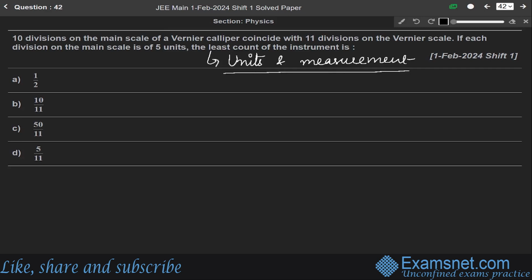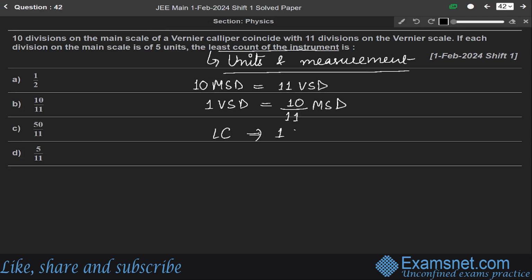According to this question, 10 main scale divisions are equal to 11 vernier scale divisions. It means one vernier scale division equals what? 10 over 11 main scale division. So we have to find the least count of the vernier caliper. The formula for least count is 1 main scale division minus 1 vernier scale division.